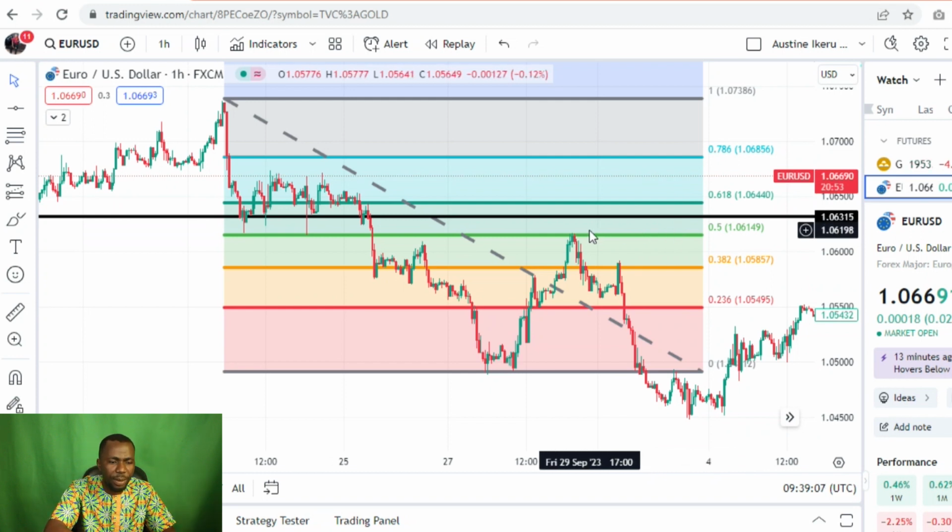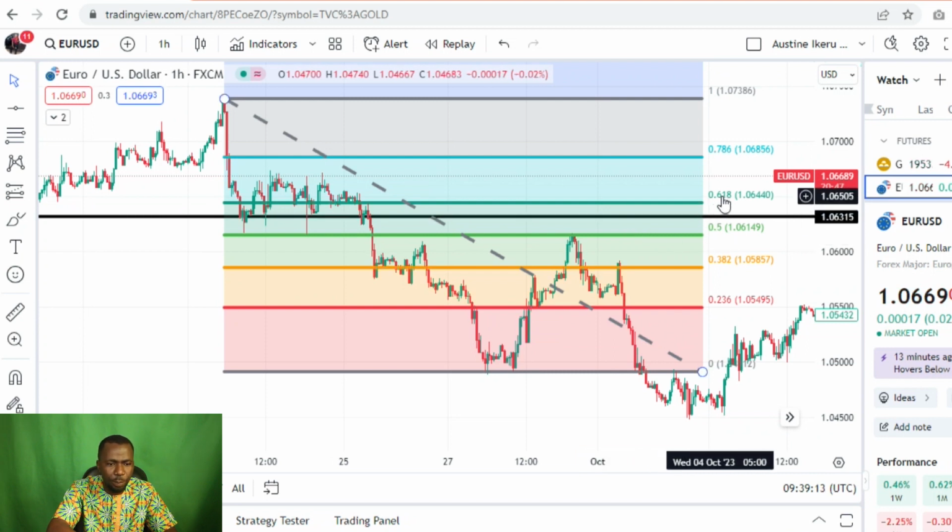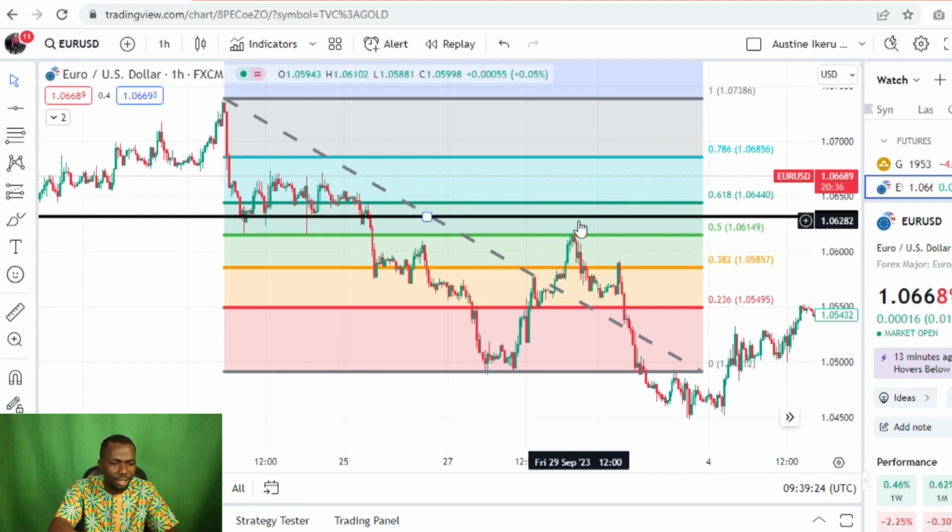Remember that you'll be looking at the price action to know where the price is reacting. So this is the 0.5 and this is the 0.618. We are looking at these two Fibonacci retracement levels to know what the price will do when it gets to this level.